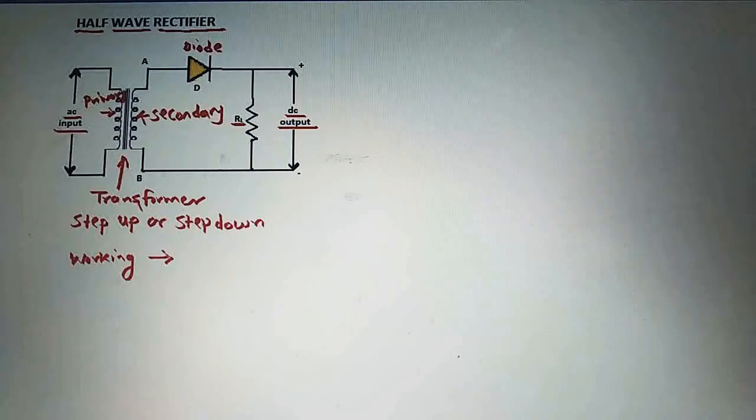Now see here, as the AC input is given to the primary winding of a transformer, this transformer will convert AC into AC.